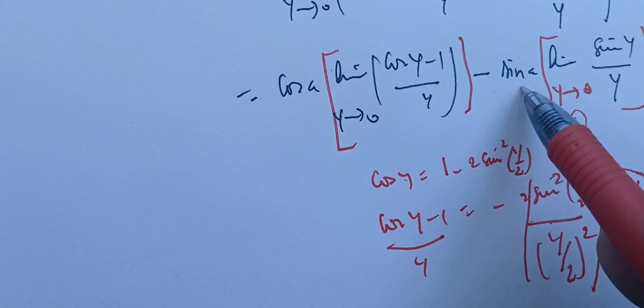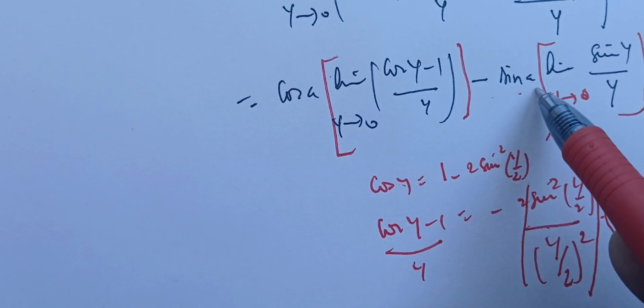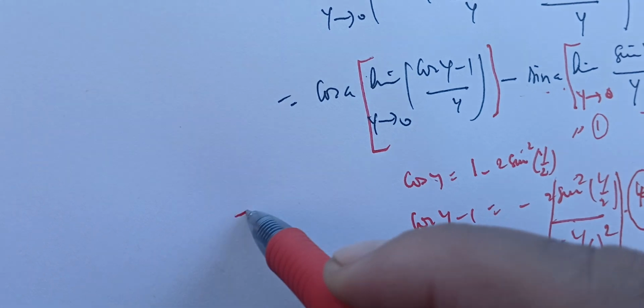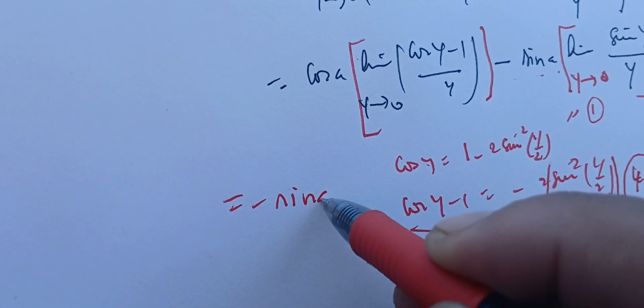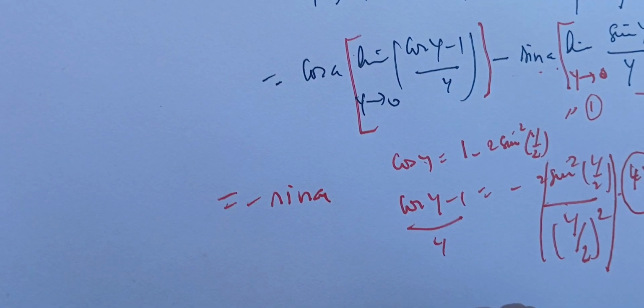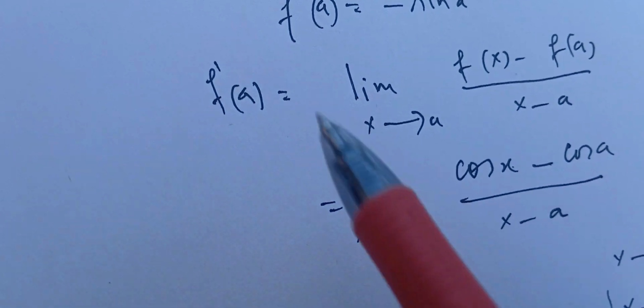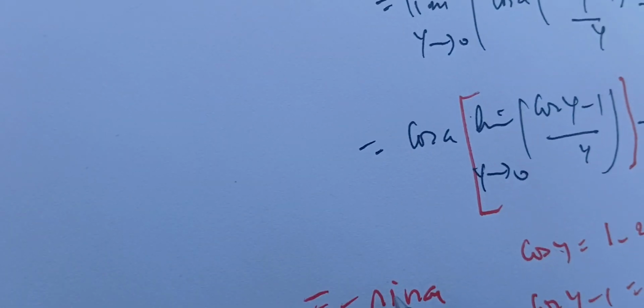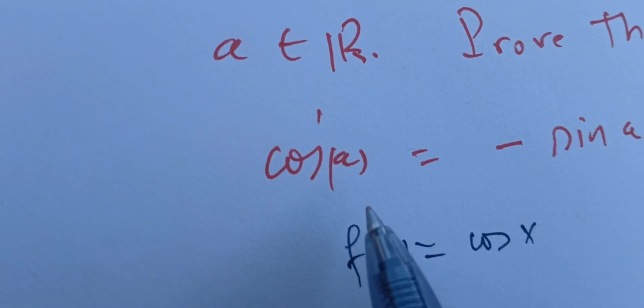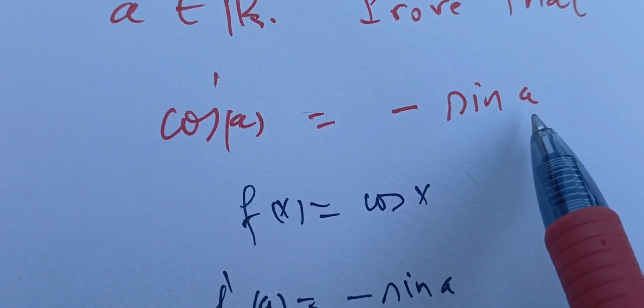Therefore, we have only minus sine of a. That's what we needed to do. So f prime of a is minus sine of a, which means the derivative of the cosine is minus sine.